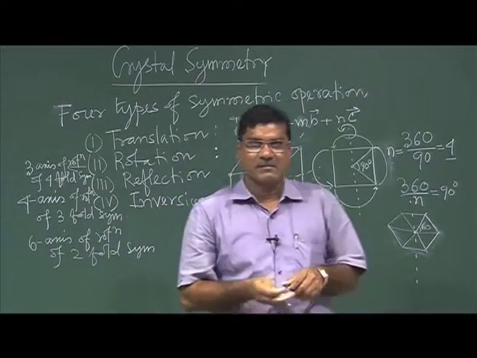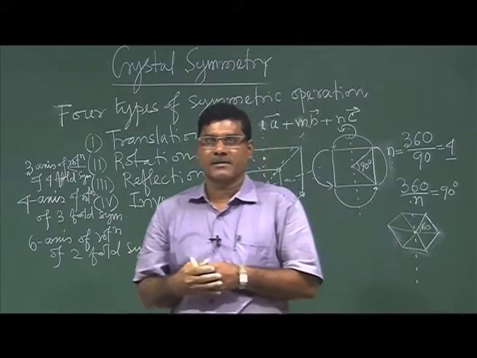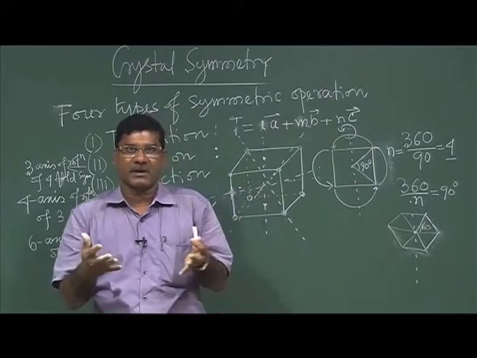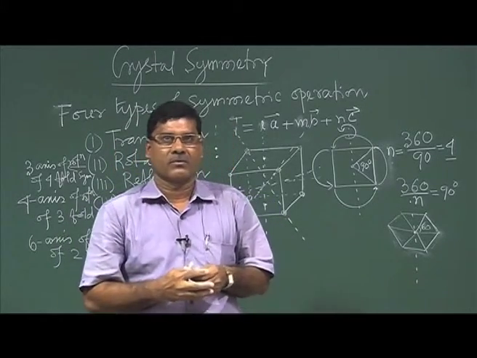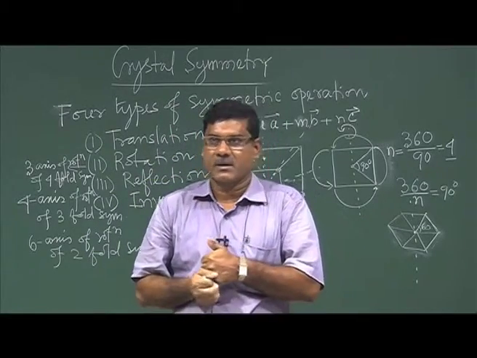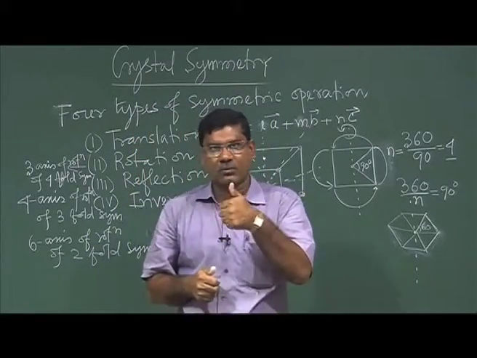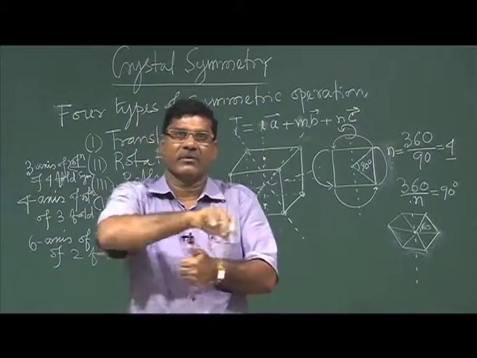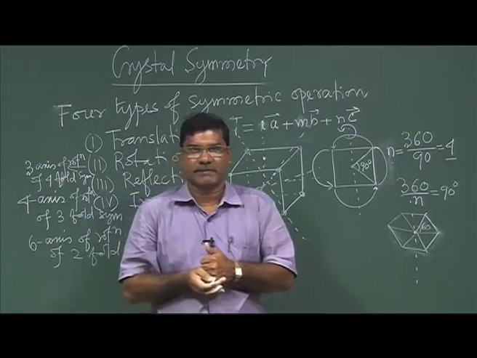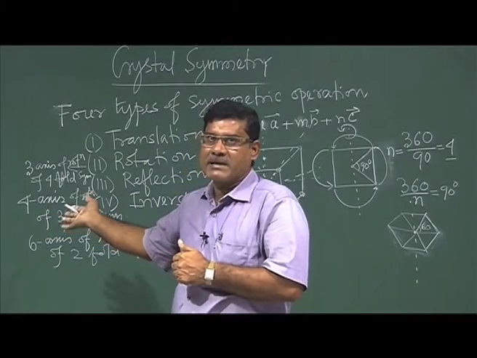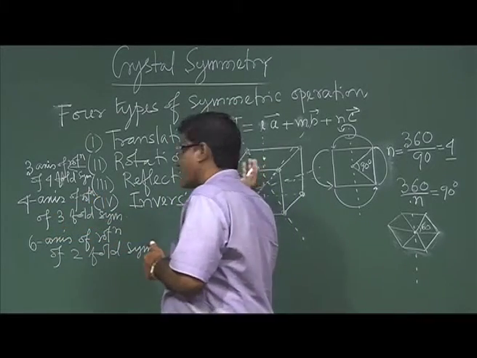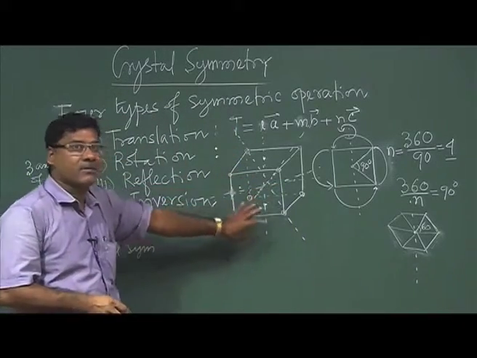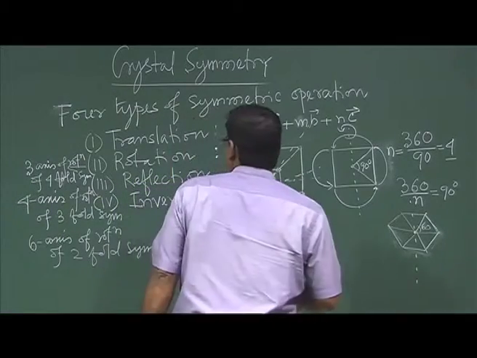So, rotational symmetry, what is rotational symmetry? It may have manifold symmetry. For a particular crystal system, we have to find out the axis, and with respect to that axis, you have to see how many-fold symmetry there is. Here I have taken one example of a cubic crystal, and I am trying to find this out in detail.